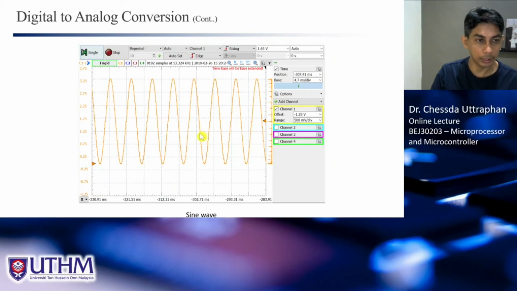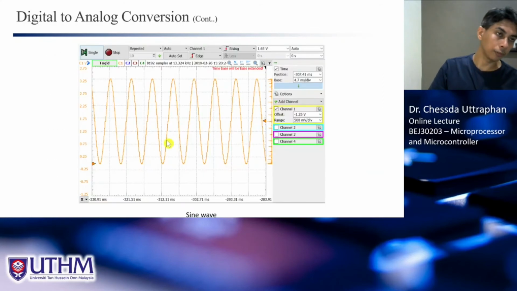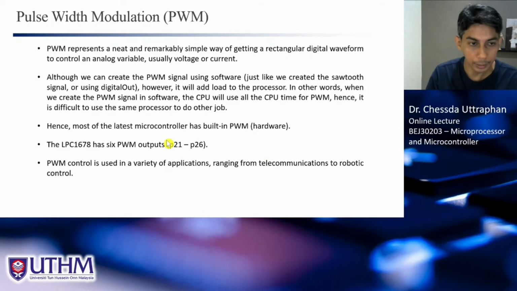So we can create the sine wave, which is a good feature to have, to create any analog voltage that we want. That will be the DAC, digital to analog converter. You may need to use it in your project, depending on the application that you want to propose.